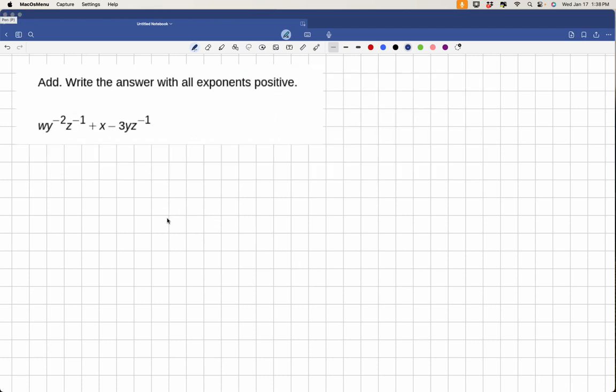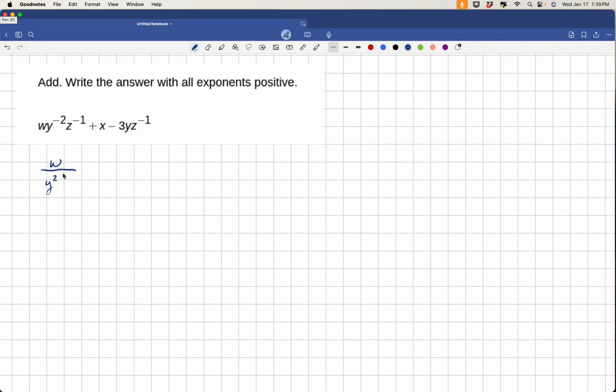All right, so we've got add. Write the answer with all exponents positive. So in order to add, we need to find some type of common something, right? We need to get like terms. So in order to get like terms, we're going to need to get some denominator action going on. So we have negative exponents, so the easiest thing to do is to create fractions by moving these to the bottom.